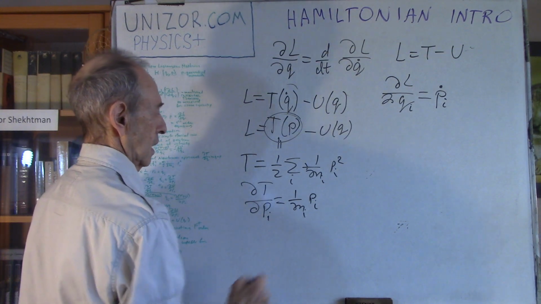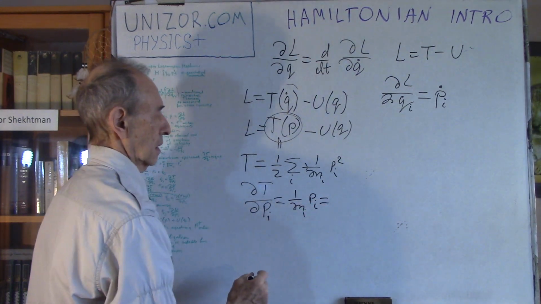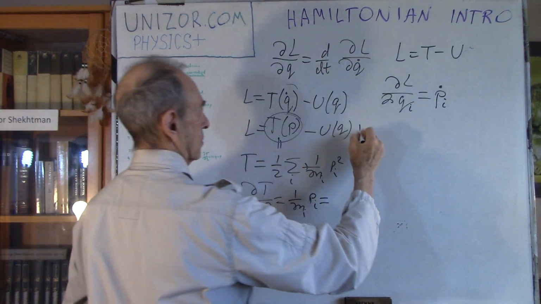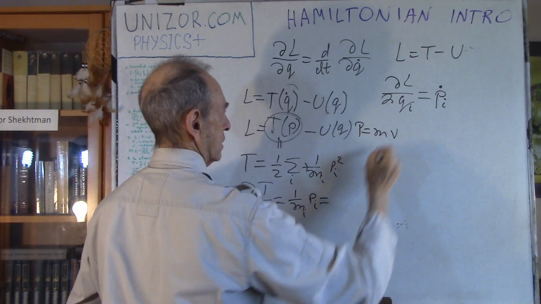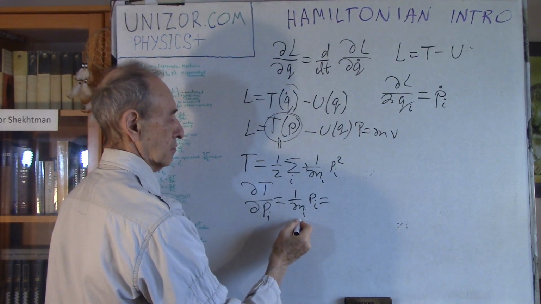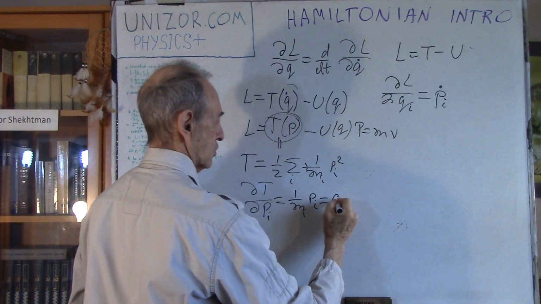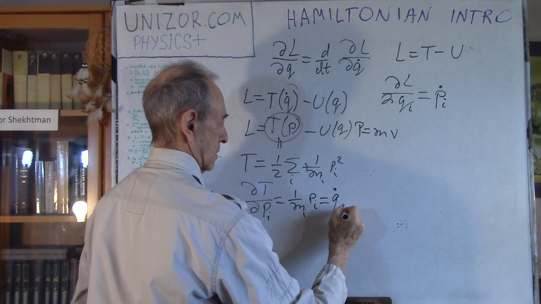Okay, and what is this? Back to p is equal to mv. So if I divide it by m, it would be v, right? So it's q with a dot.